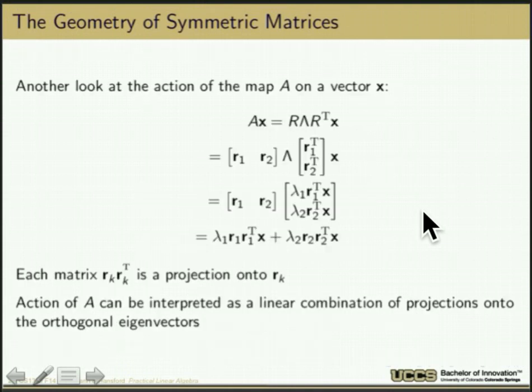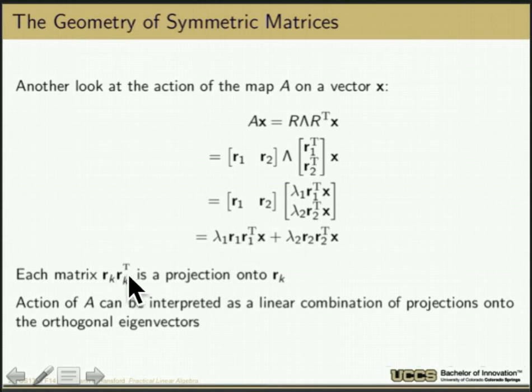So this allows us to go back and look at the action of our map on a vector. So we have our map A on some vector x. We can look at this and take, of course, Ax equals R lambda R transpose x. We can multiply that all out, and we'll get lambda 1 R1 R1 transpose x plus lambda 2 R2 R2 transpose x. And recall that this form is something you've seen before.